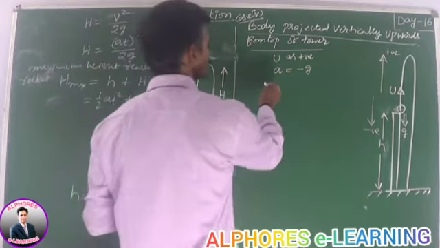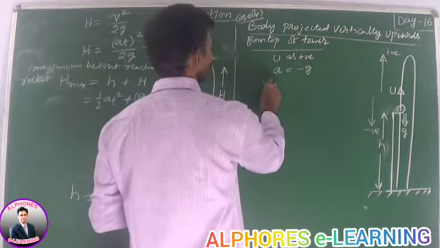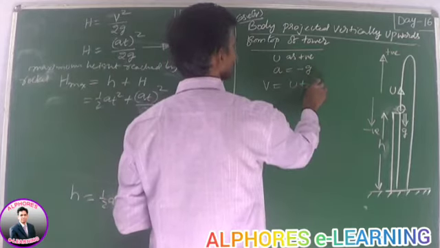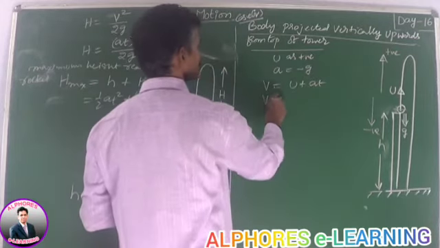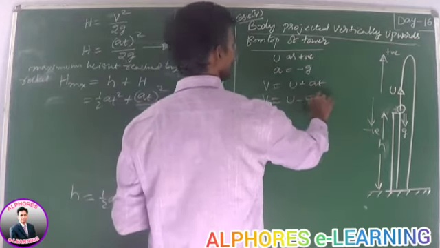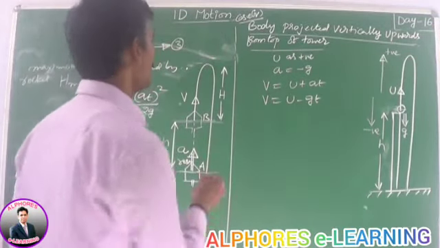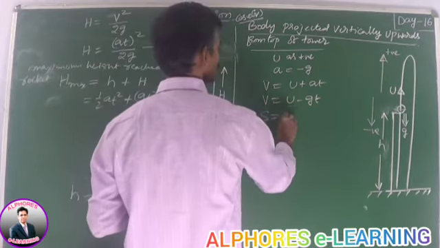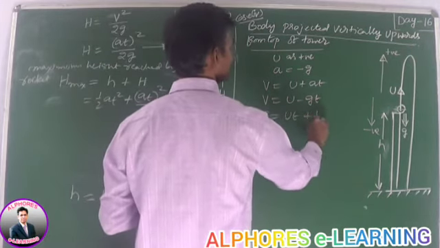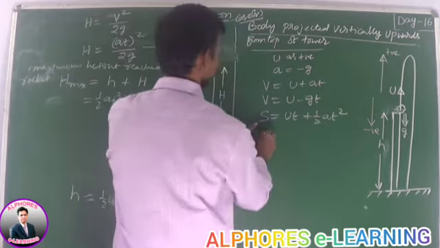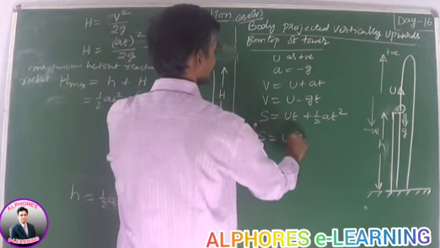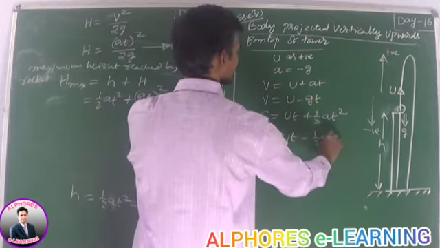Next I can use the first equation, v is equal to u plus at, as v is equal to u minus gt in case of a body projected vertically upwards from the top of a tower. Similarly, I can use s is equal to ut plus half at square, as s is equal to ut minus half gt square.